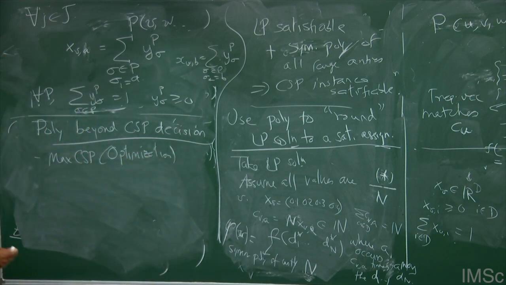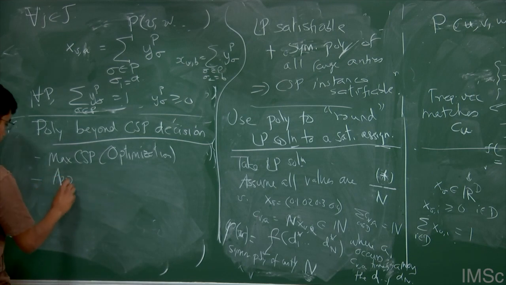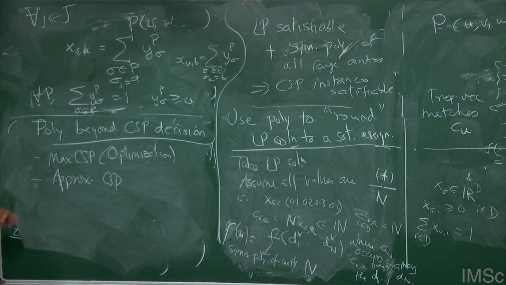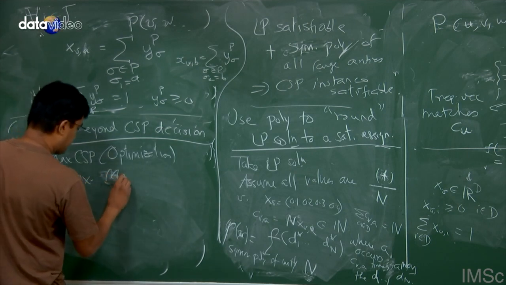Next time I'll start with some brief remarks about this, and then we can talk about approximate CSP, where maybe this problem is most of the time NP-hard, so you can't solve it exactly, but how well can you approximate? So approximate max CSP.